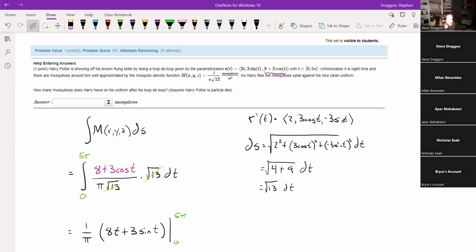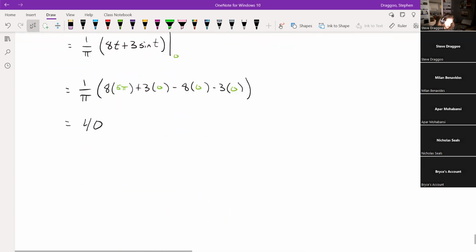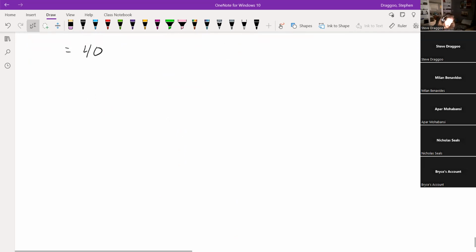Oh, right, his nice clean uniform. That's what it was. Figuring out how many mosquitoes end up on Harry just means integrating a density function. Just wanted to set that up right here. And again, didn't want to get too lost in the weeds on that.